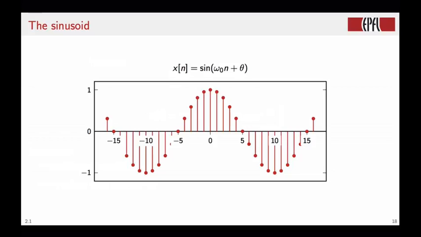So here is the sinusoid indicated as sine of frequency omega naught times n, the index, plus a phase theta. In the drawing, we see theta is equal to 0. Actually, it's not equal to 0, I'm sorry. Theta is equal to pi over 2. So at the origin, it's maximum, and then we have the sinusoidal variation.